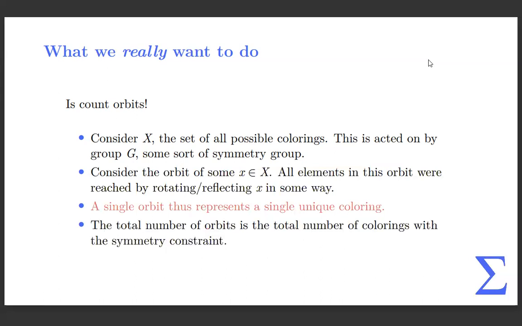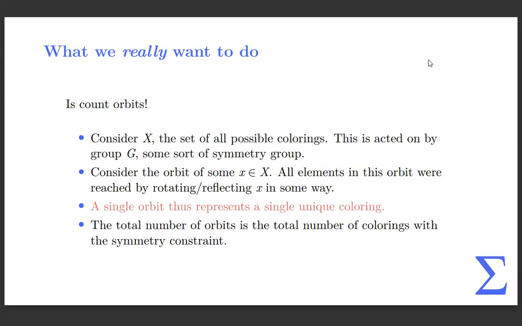So the total number of orbits is the total number of unique colorings with that symmetry constraint. Makes sense? A little tricky, but this is the big picture of why we need that orbit thing. It's because each orbit uniquely corresponds to one unique coloring, down to what our group says uniqueness means.